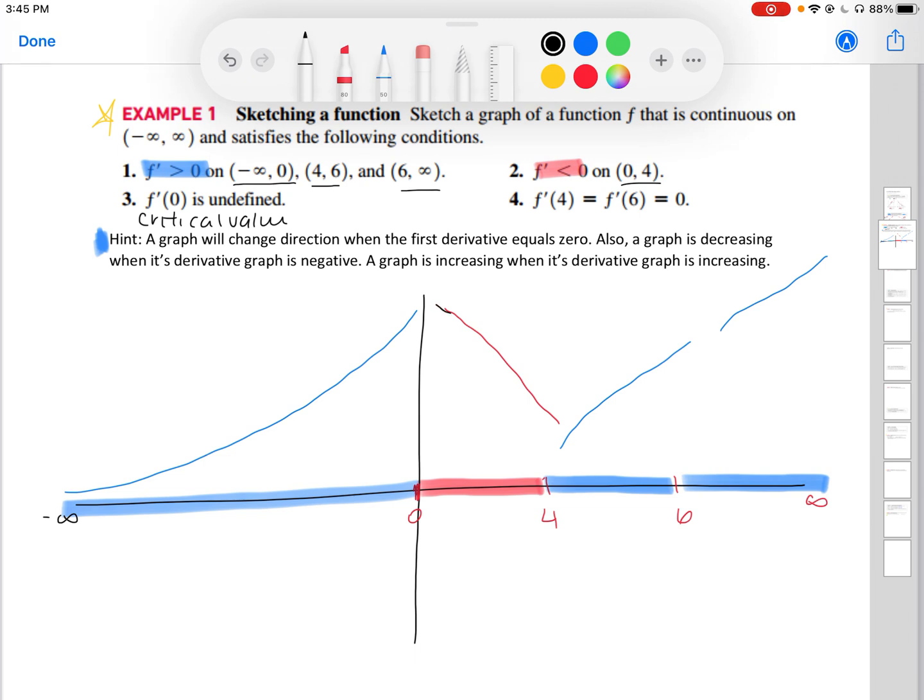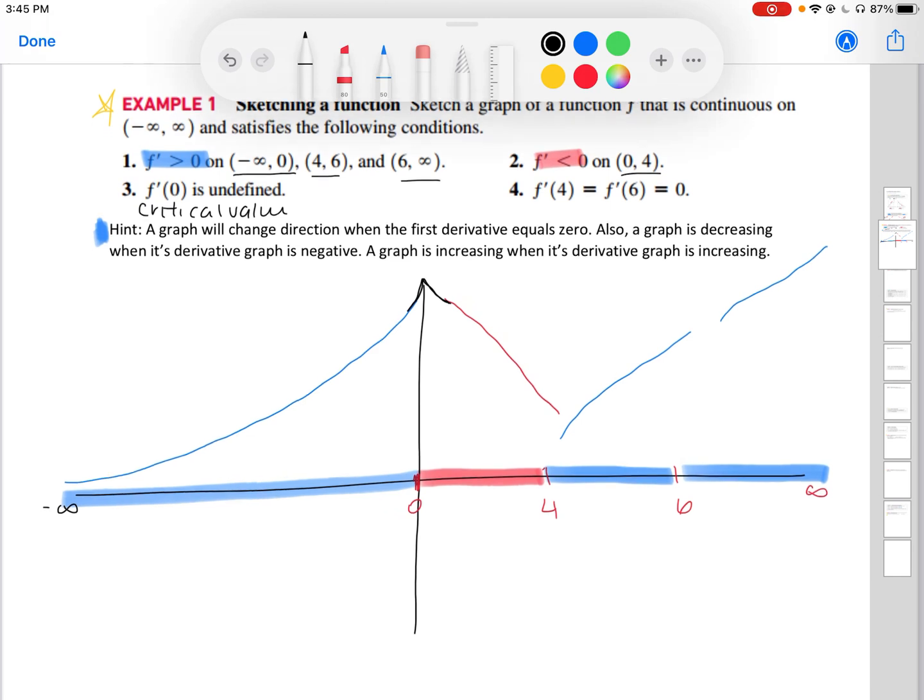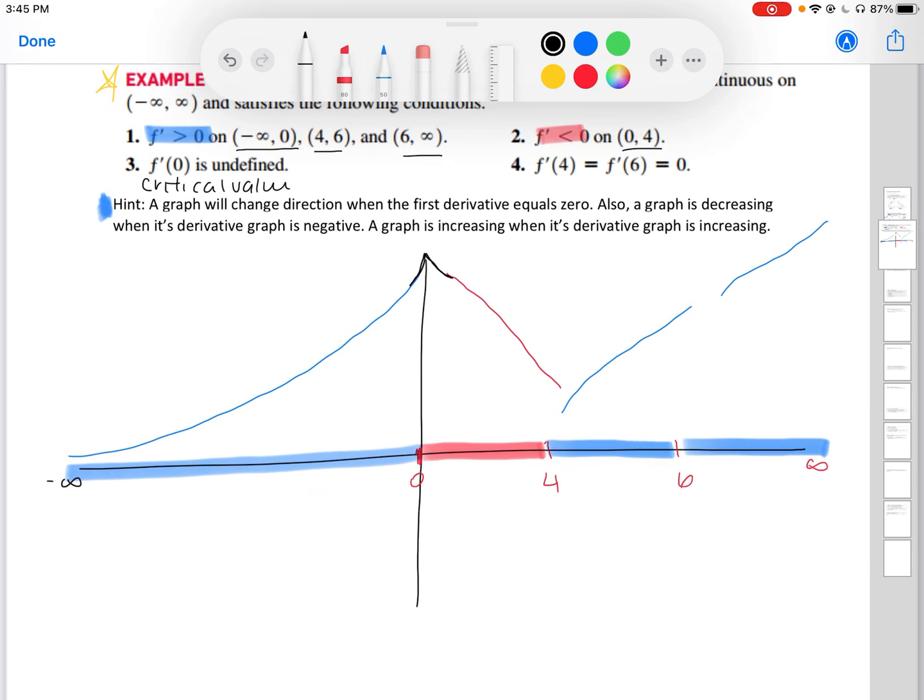It's maybe a peak. And we're told that f prime of 4 and f prime of 6 are both equal to 0. So that means that our slope is 0.